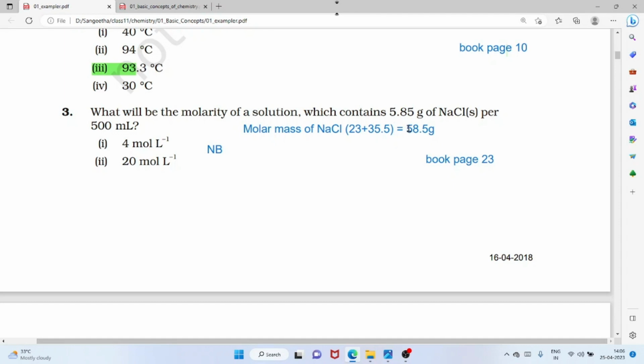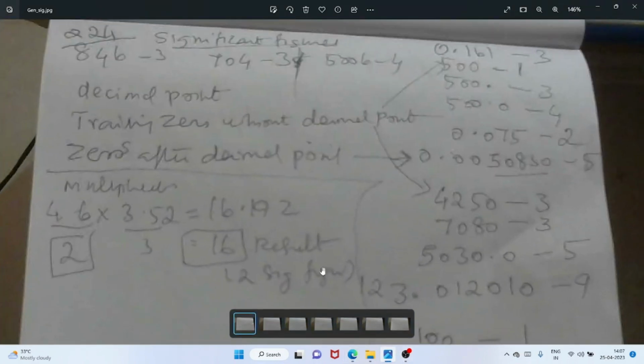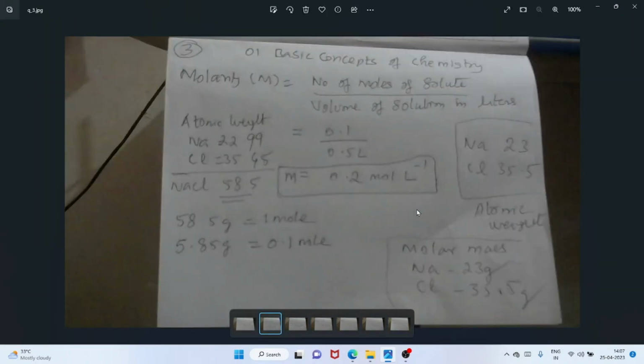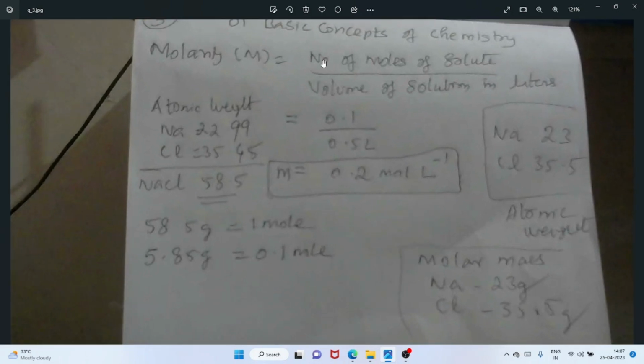They have given 5.85 gram. So that is the mole, and 500 milliliter is 0.5 liter. Using that you find the molarity: number of moles of the solid divided by volume of the solution in liters. How does 0.1 mole come? Because 1 mole is 58.5 gram, but we are using only 5.85 gram, 1/10 of the mole.